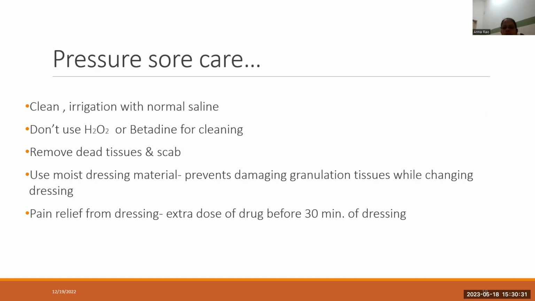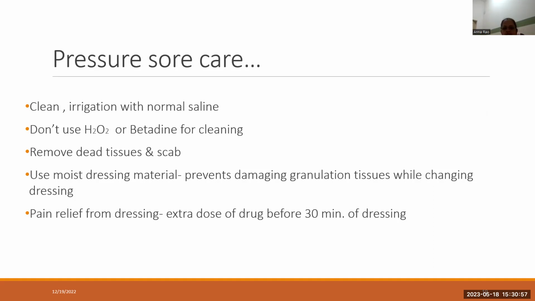Granulation tissues also get rubbed off when we do vigorous cleaning. And these solutions will harm such newly grown tissues and can hamper the healing of the bed sore.